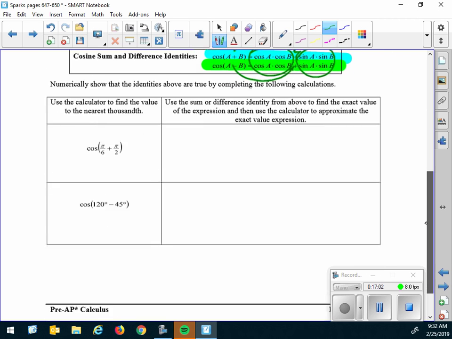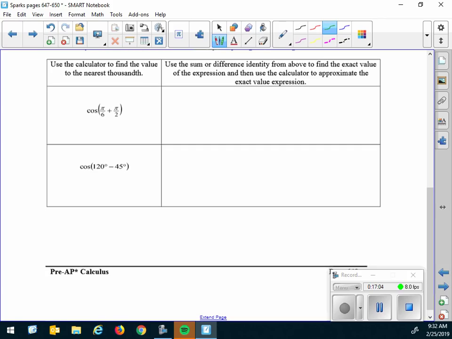So let's do cosine. It says use the calculator to find the value to the nearest thousandth. So you can stop right now and figure that out real quick. Okay, well, that's pretty nice.